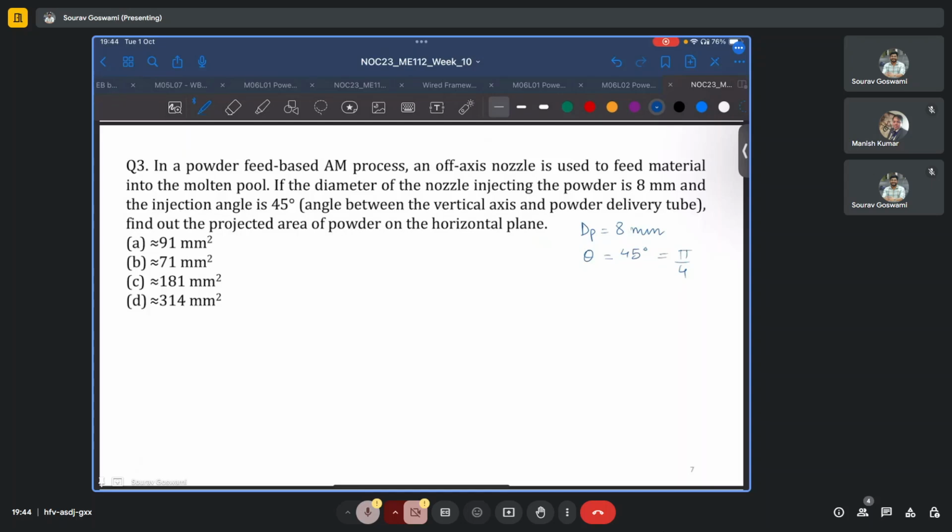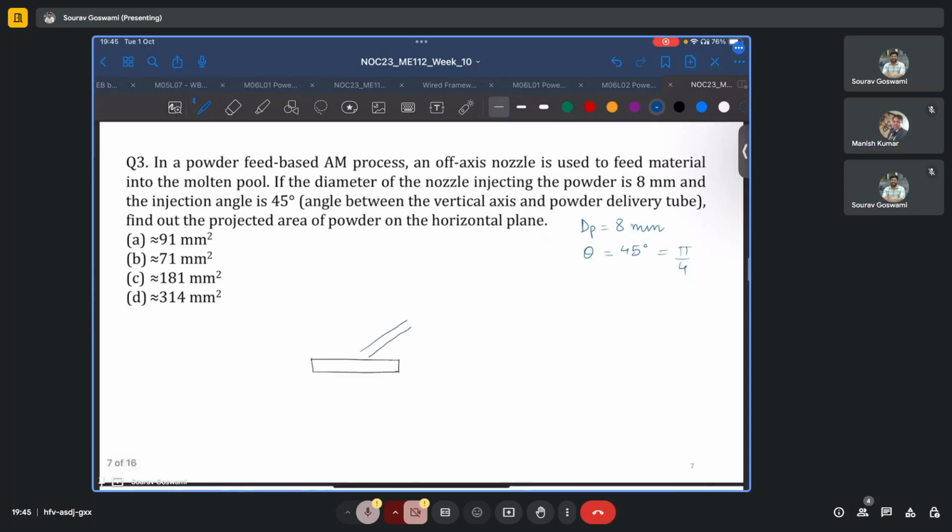And so, just to recollect, this is the flat substrate, and the powder is being fed from the side, and we have this diameter, which is dp, and we have the angle between the vertical axis and the powder delivery tube.